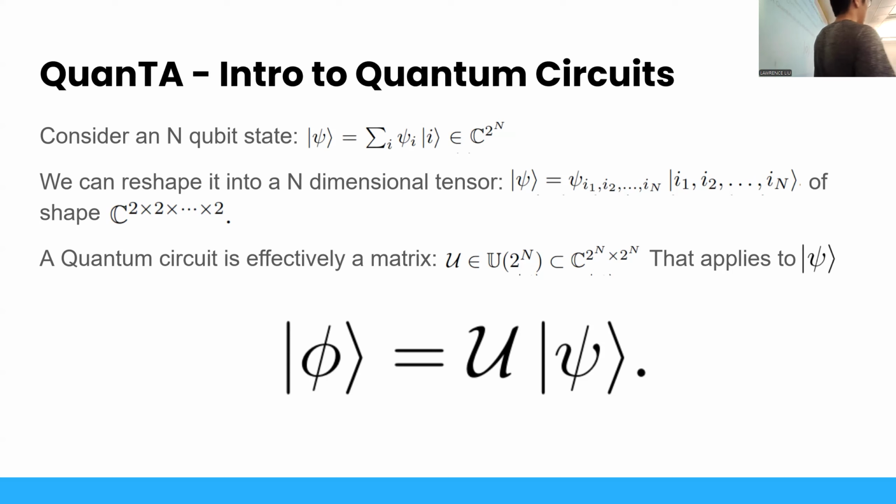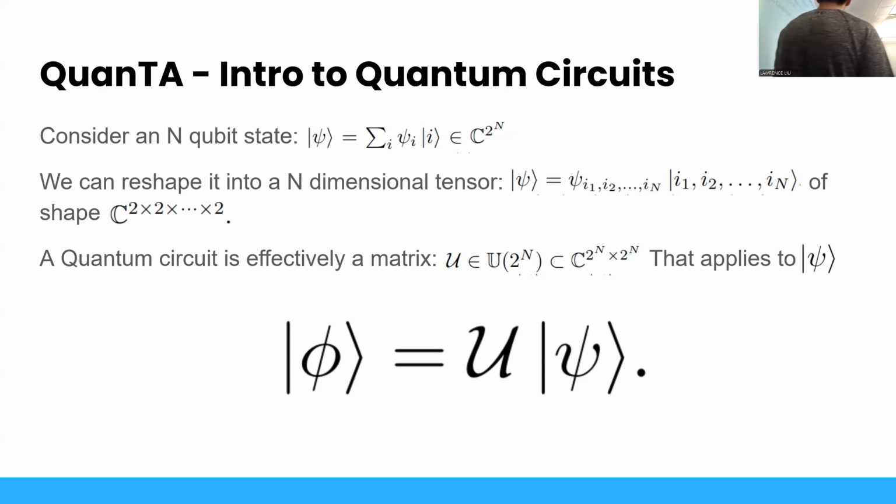And then you can write this out as the summation of basis vectors and their weights. And basically, you can reshape this into a tensor by breaking each individual qubit up into its own index. So you get something in C to the 2 by 2 by 2 by 2, n times.